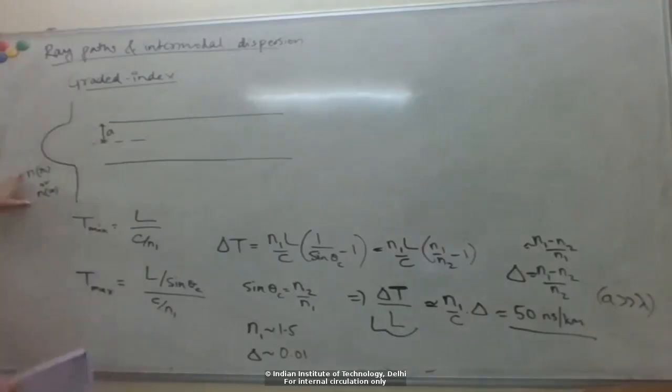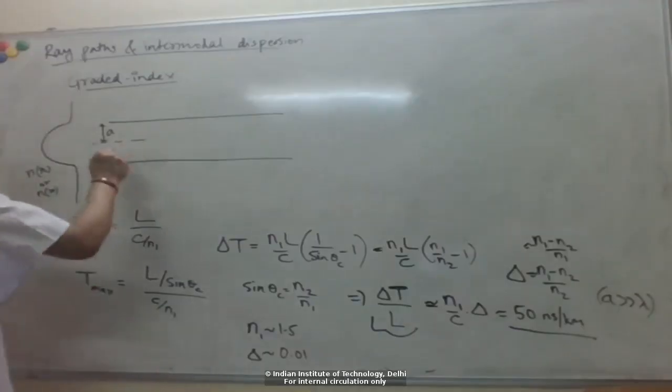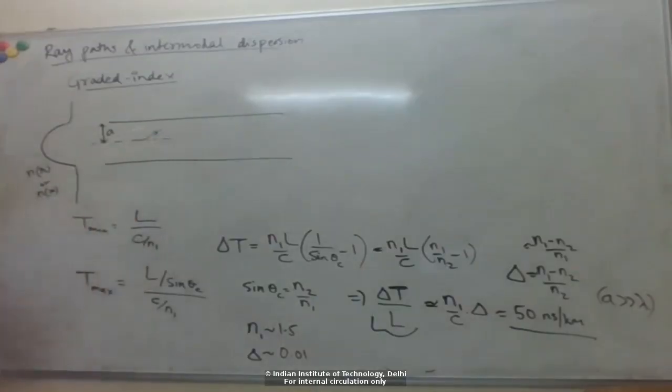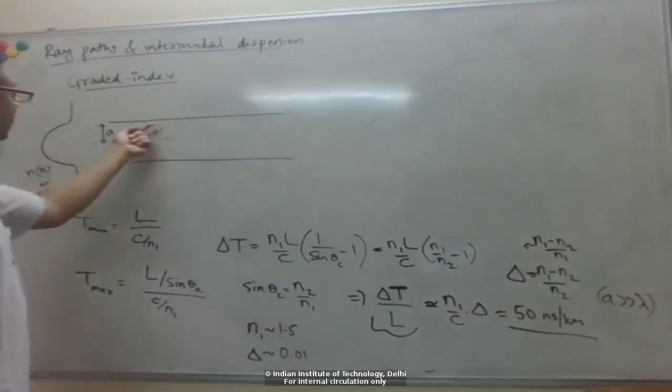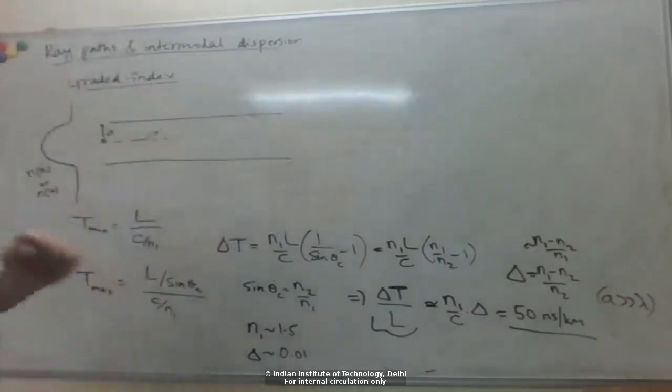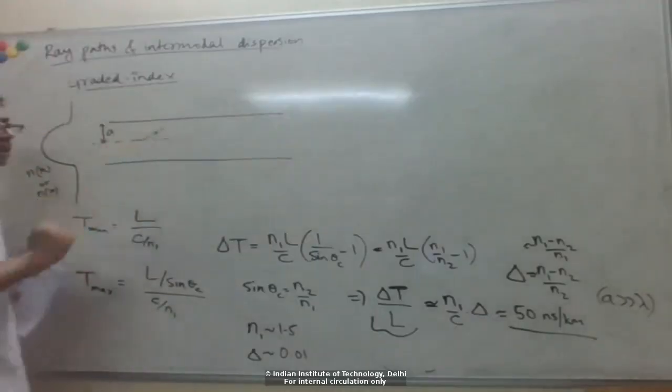Okay, so why would this be better? We can get a sense of that already from looking at the ray paths. Let's say I launch a ray at some angle like that. In the step index, because the refractive index was constant, this was just a straight line until it gets reflected, then a straight line again. So straight line paths. But now your refractive index is continuously varying, so this won't be a straight line anymore.